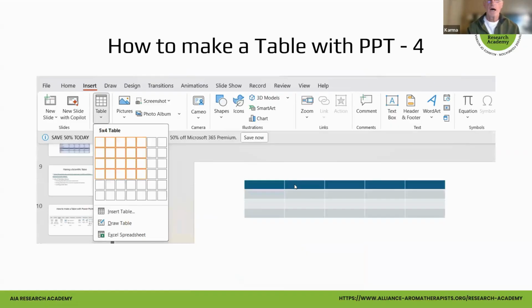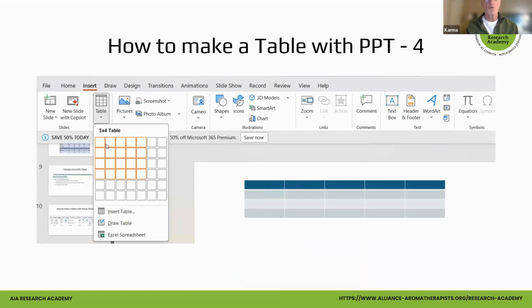And a box shows up where you can enter data. Now, if you notice, one of these rows is deeply colored. That's for the title. So I have 5 columns, 1, 2, 3, 4, 5. But I only have for data 3 rows, 1, 2, 3, and 4.